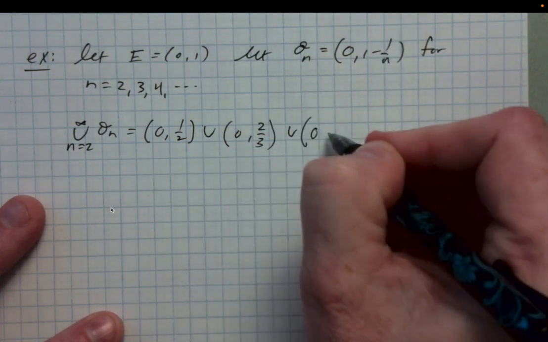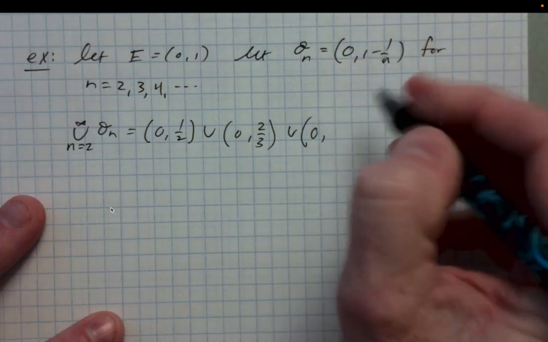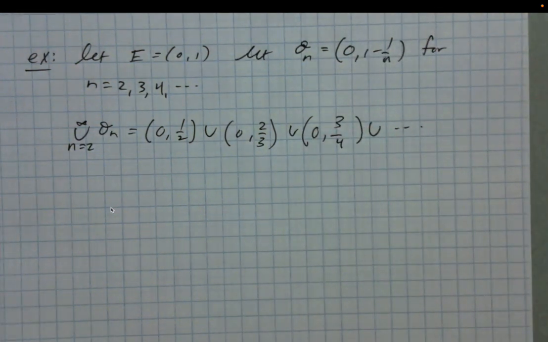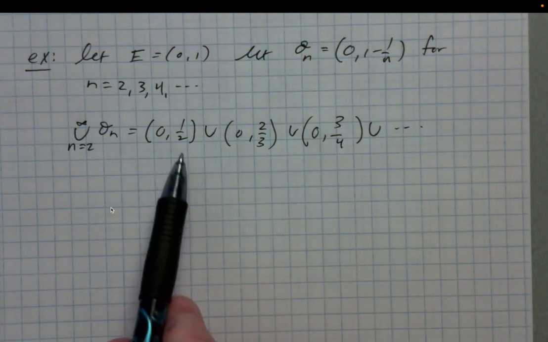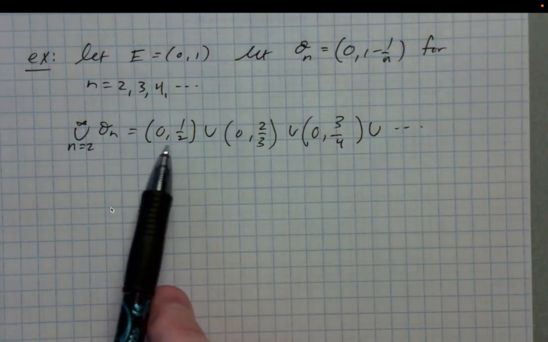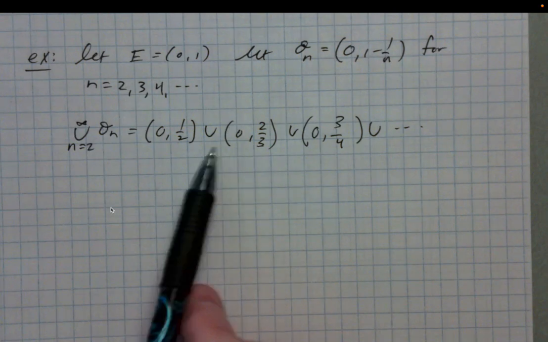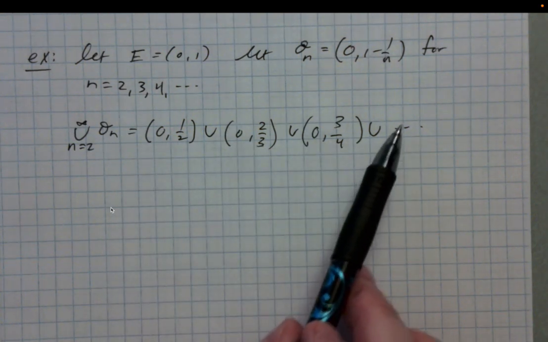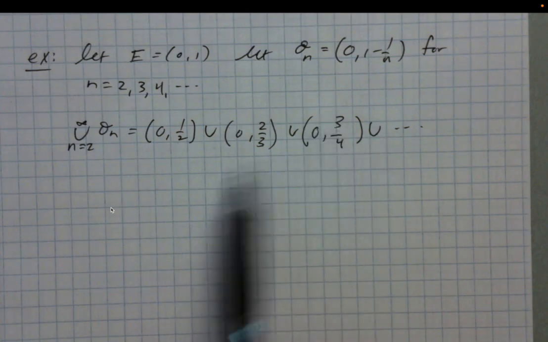And then 0 to 3/4. You can see the pattern here, and so on. Obviously the upper bound on these open intervals is growing: 1/2, 2/3, 3/4. The next one will be 4/5, and so on.